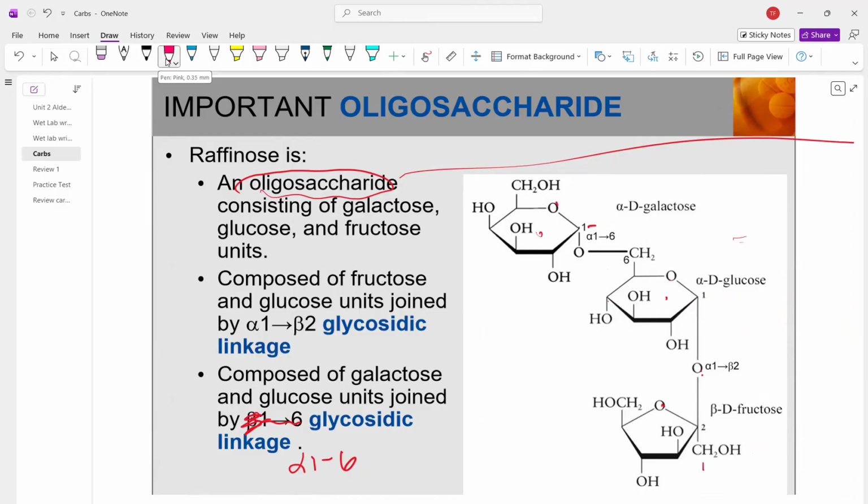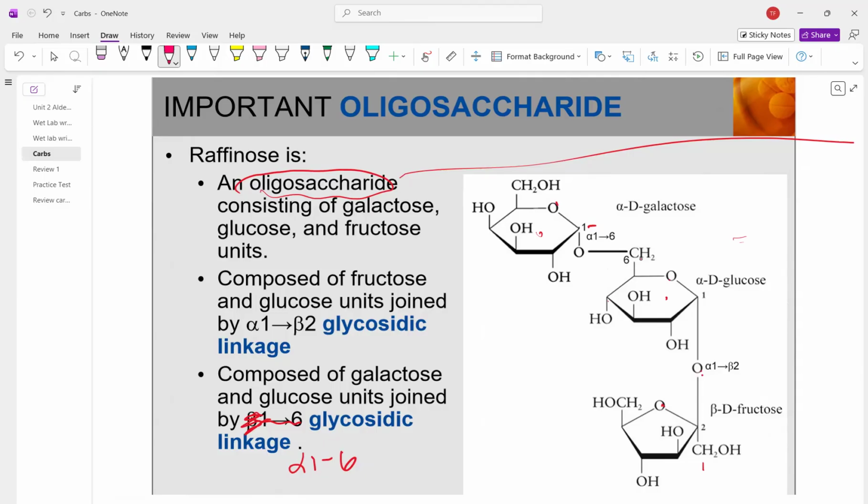Okay, so you're gonna need to know 2 oligosaccharides, raffinose and stachyose. Raffinose is the easiest one. So you take sucrose and add galactose. And where you add it is on carbon number 6 of the glucose.